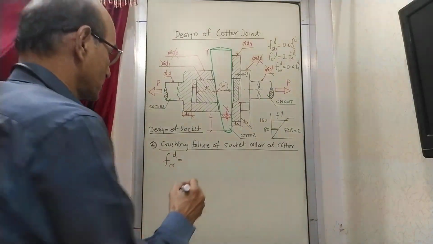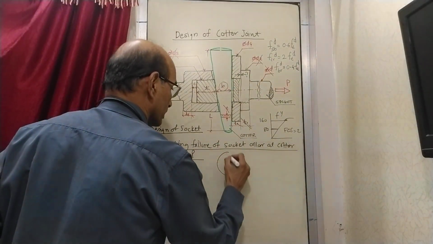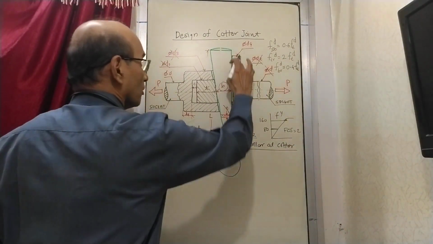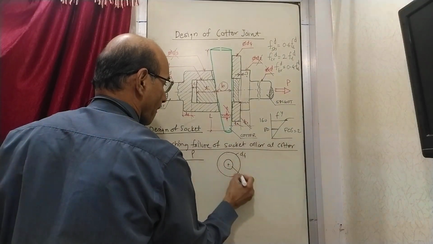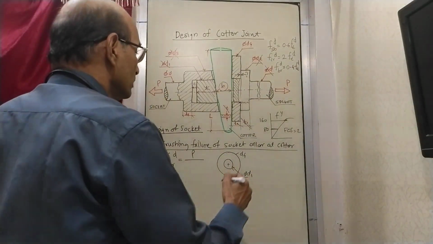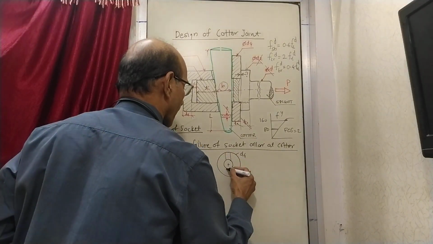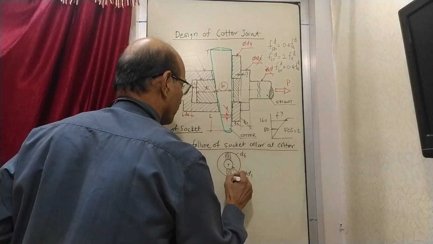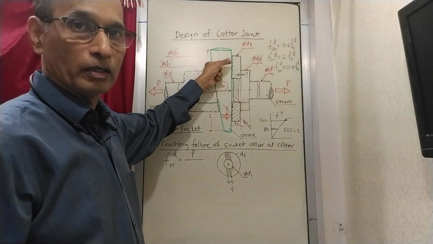So crushing design stress is equal to load upon area, and the resisting area is drawn like this. It is made up of the outside diameter D4, then the inside diameter D1, and then the resisting area is of thickness T, the thickness of the cotter pin.